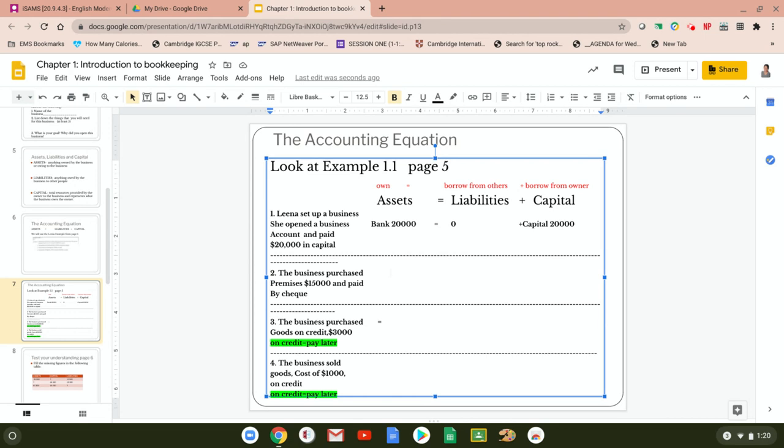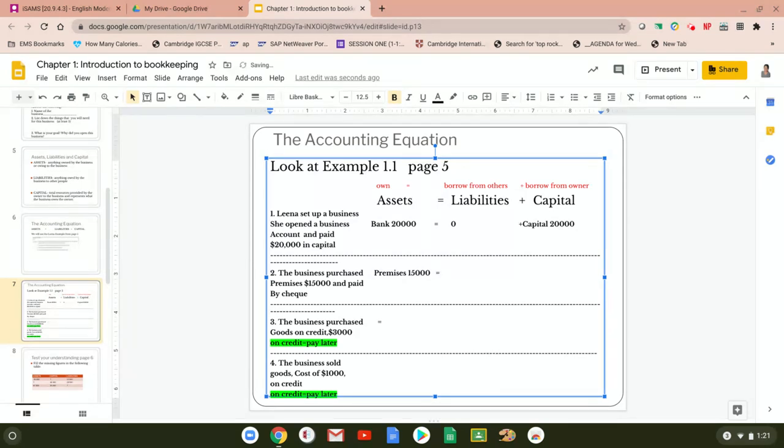In this case, Lena purchased premises. When we say premises in accounting, it means the building that you are actually putting your business onto. So, premises here, you bought 15,000.